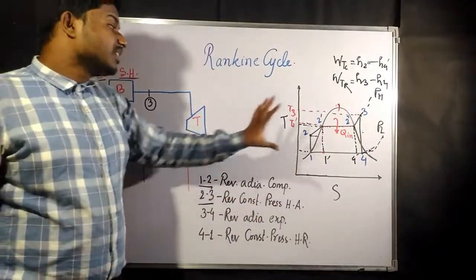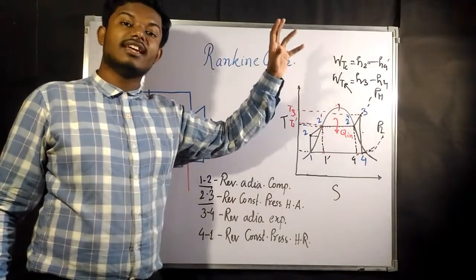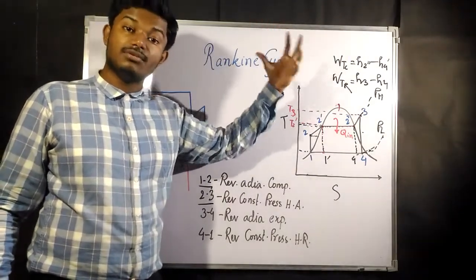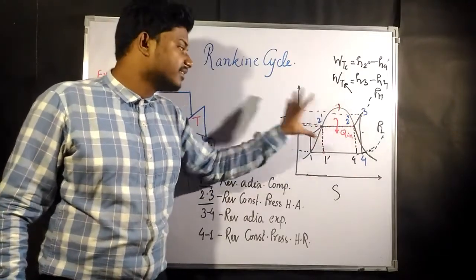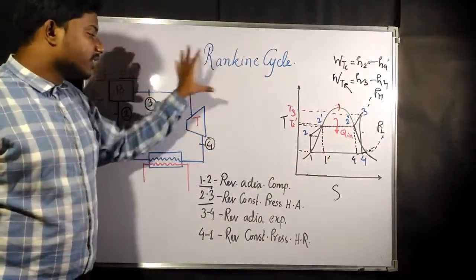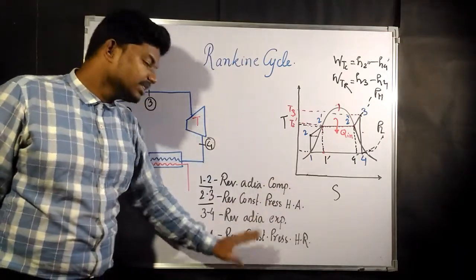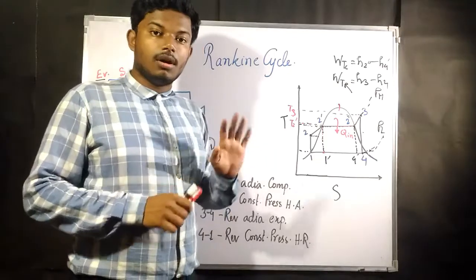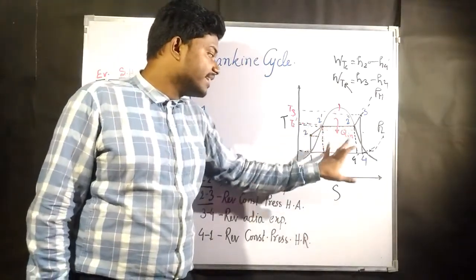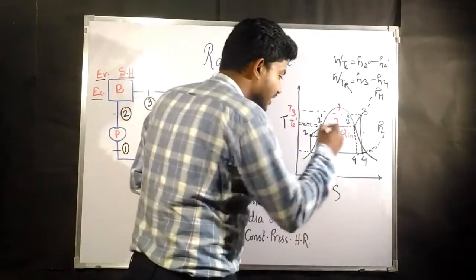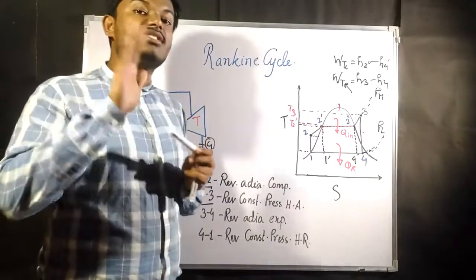So from this diagram you can easily find out what the Carnot cycle was which we used earlier, and what the scenario of the Rankine cycle is now in the same TS diagram. Considering the processes of the Rankine cycle, one thing we must remember is that in the Carnot cycle, heat addition and heat rejection were at constant temperature.